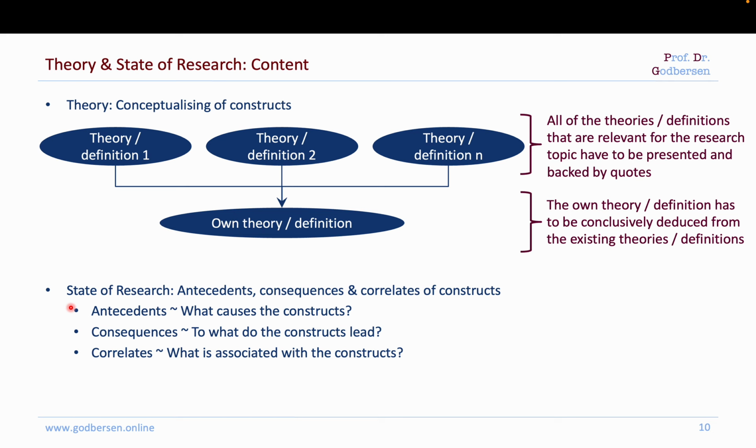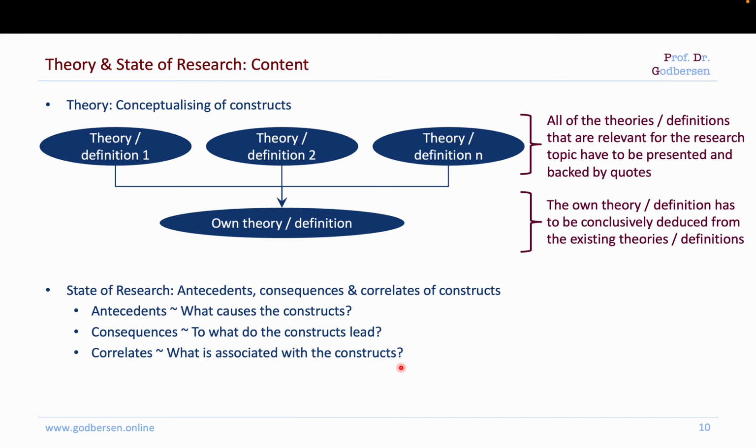To this end, you look at the antecedents, consequences, and correlates of your constructs that you are examining. Antecedents you can translate as: what are the causes for my constructs. Consequences: to what do my constructs lead. And correlates: what is associated with the constructs.